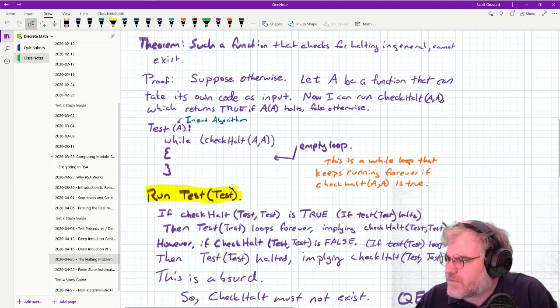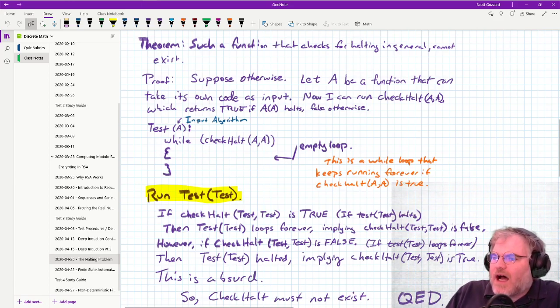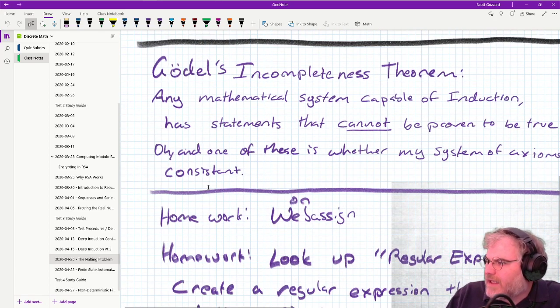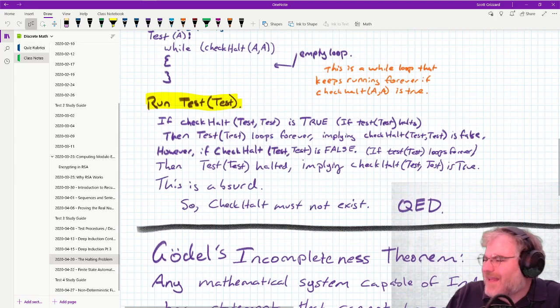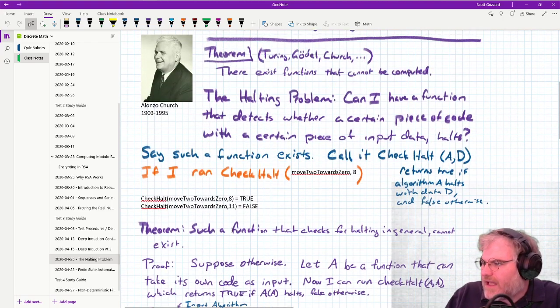I have this question right here. I could give you an easy true false one like this. Gödel's theorem's not good for this. I can give you something like this, like I tell you that test A is while not check halt or something like that. I could ask you how you get the contradiction, that sort of thing.